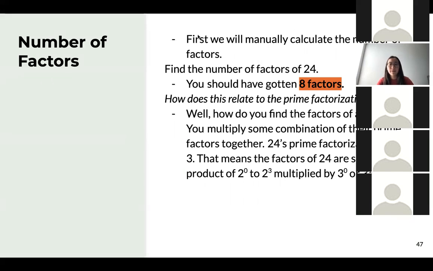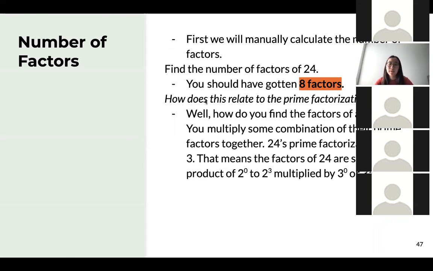And that means that all the factors of 24, the 8 factors we just found, are some product of either 2 to the 0th, 2 to the 1st, 2 squared, or 2 cubed, multiplied by 3 to the 0th power or 3 to the 1st power. And just as a side note, anything with an exponent of 0 is equal to 1. So that might have been somewhat confusing, but I'll explain.